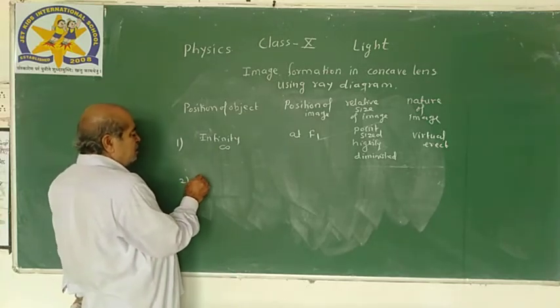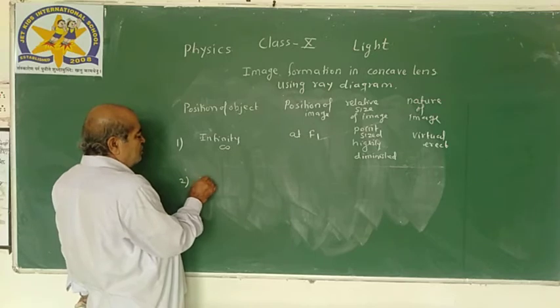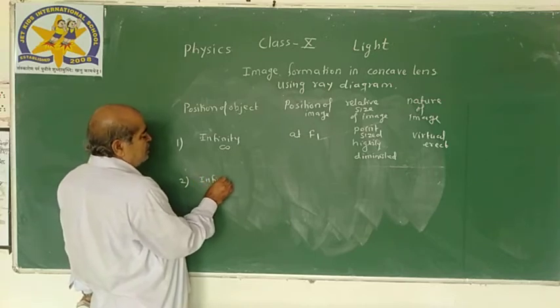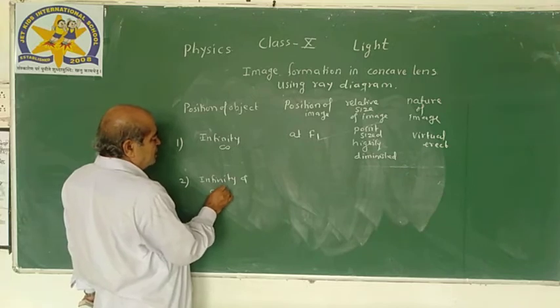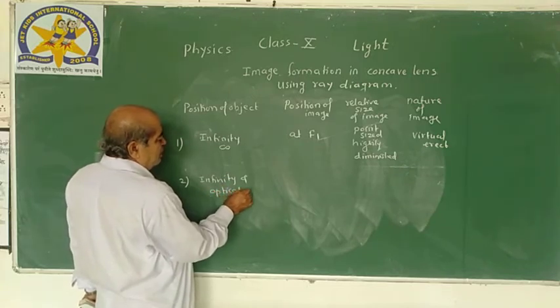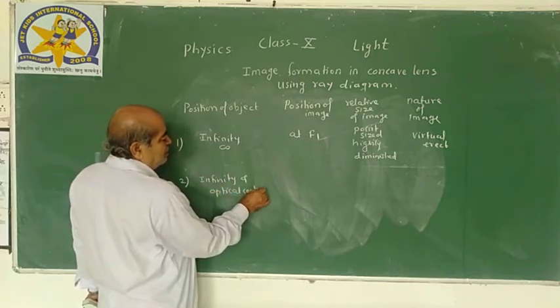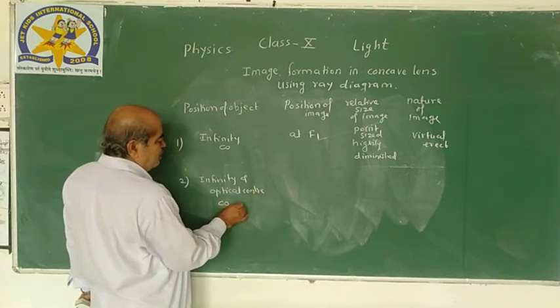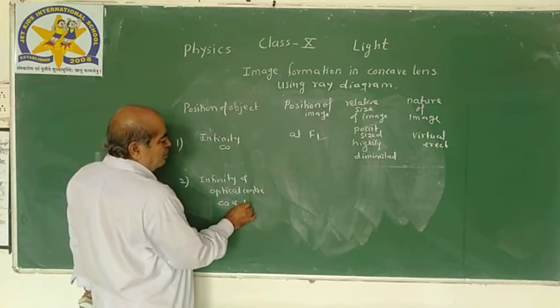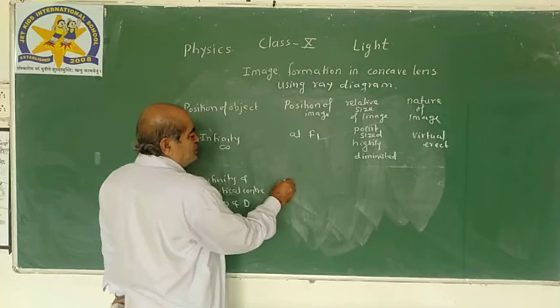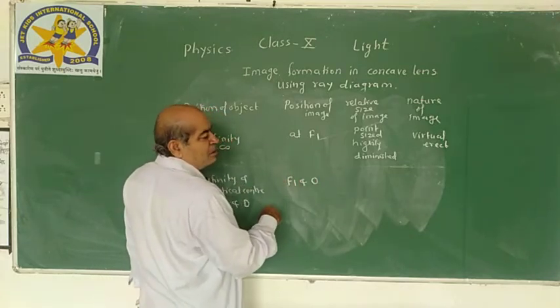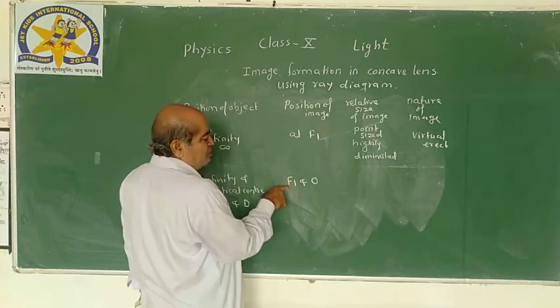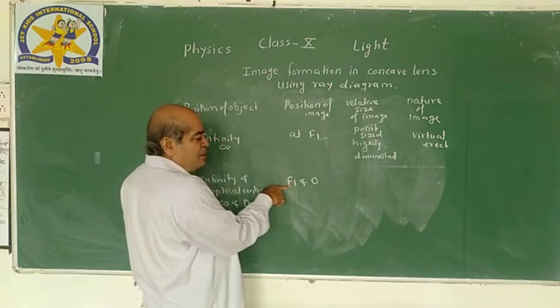Now the second: the position of the object is in between infinity and the optical center, and the image is formed between F1 and the optical center, on the same side.